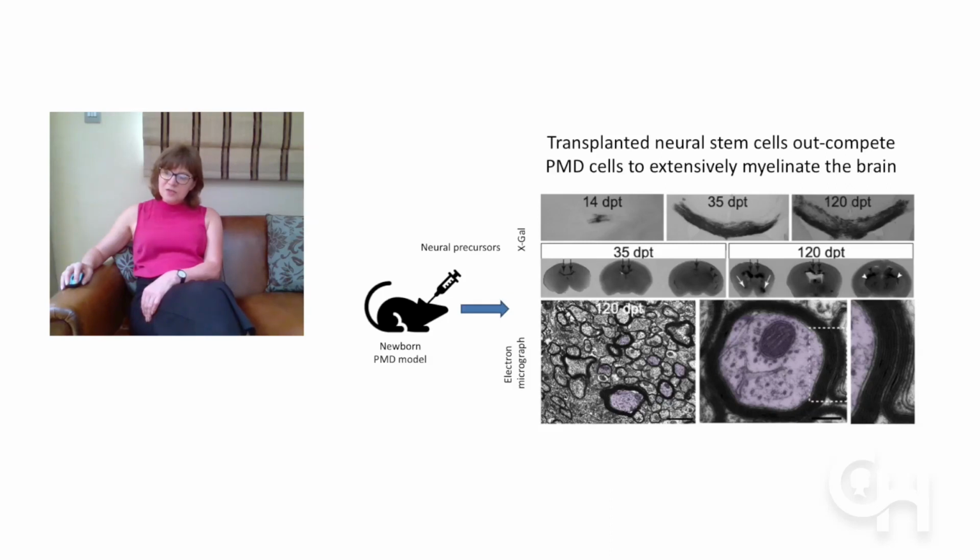And we can see in the two right-hand images the axon overlaid in purple in the centre, surrounded by a thick and healthy myelin sheath. So this was really good news for us. This really suggested that despite that these animals can produce PMD myelin, if you transplant neural stem cells into these animals at an early age, then these neural stem cells can go in and outcompete the endogenous or PMD cells and form normal, healthy myelin.